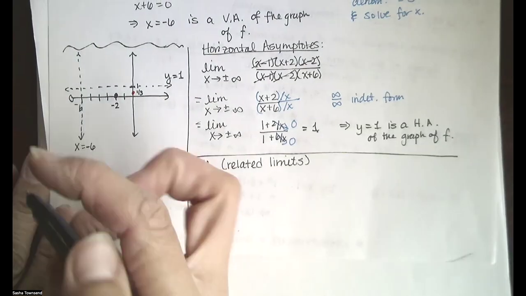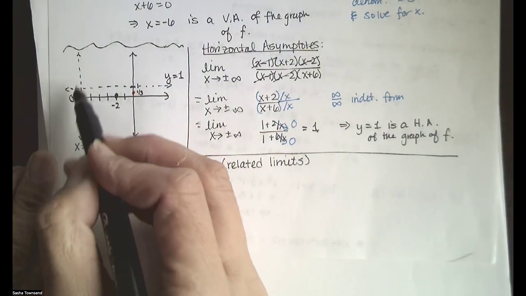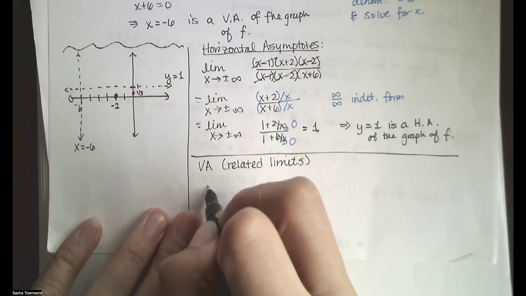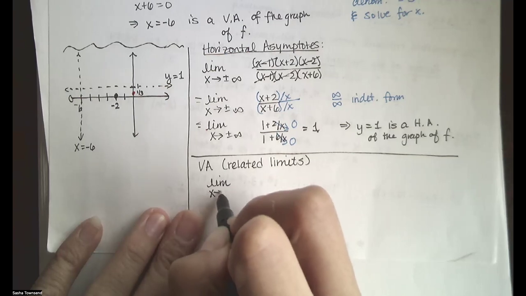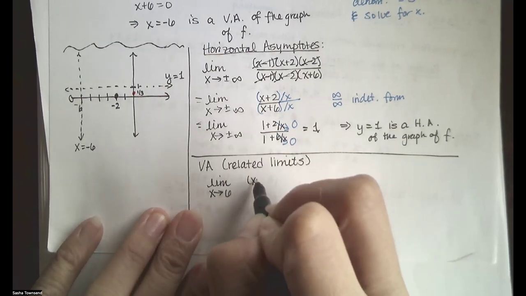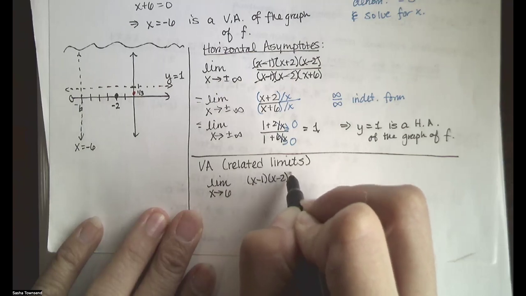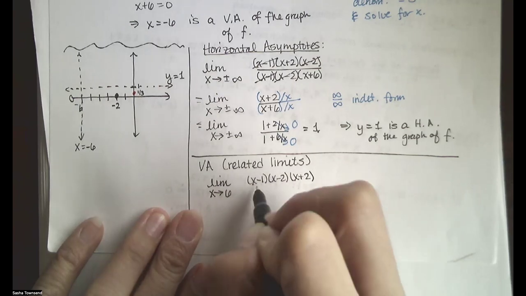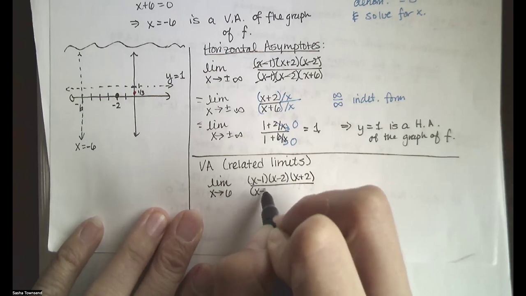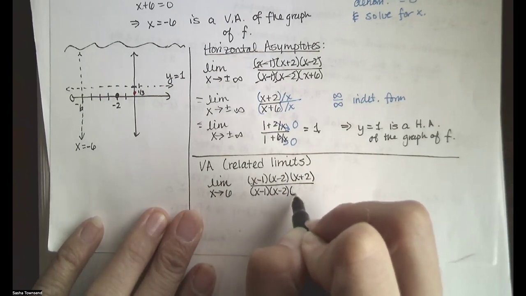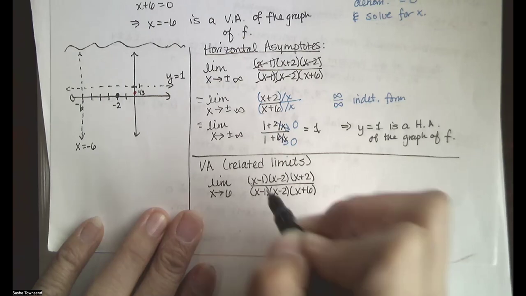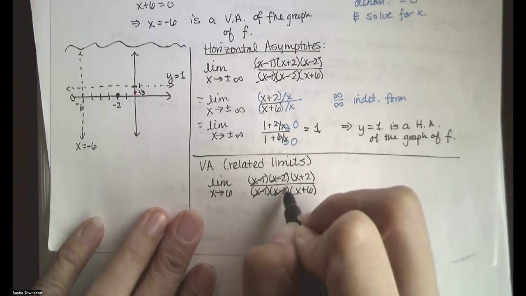We're asking ourselves, well, how does the function behave to the left and right of that asymptote? With the limit, as x approaches -6 of our function. And of course, these reduce.